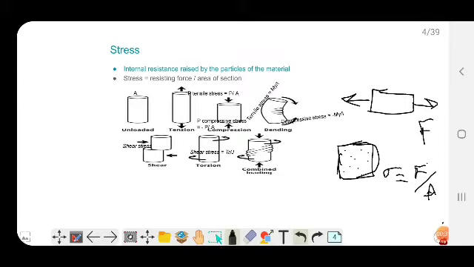Similarly, compressive stress. And in case of bending, I have already explained, the extreme fibers will be experiencing tensile and compressive forces. This is the cross section of a body undergoing bending moment, and we have one extreme fiber experiencing tension and the other fiber experiencing compression, the magnitude changing in this way.